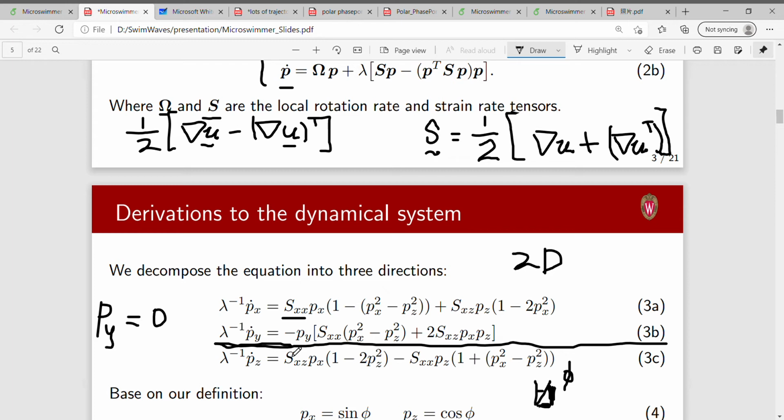Actually, later on we realized that this py equals 0 is stable, which means that whichever orientation in py you start with, you will finally fall back to py equals 0 at the end. It may just take a lot of time.